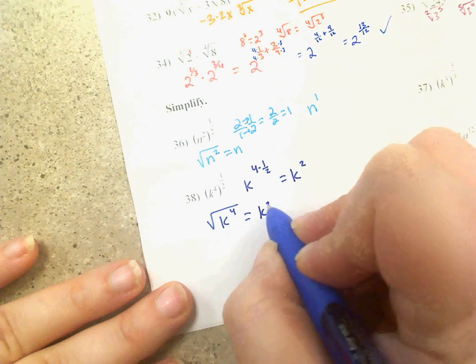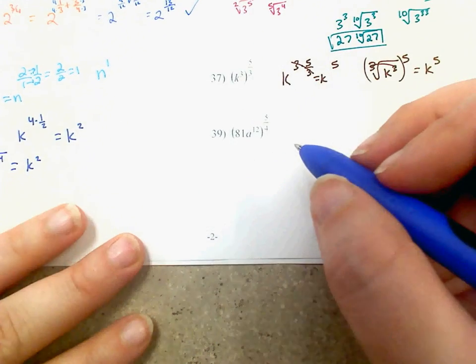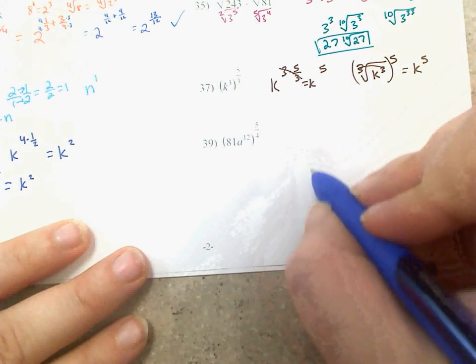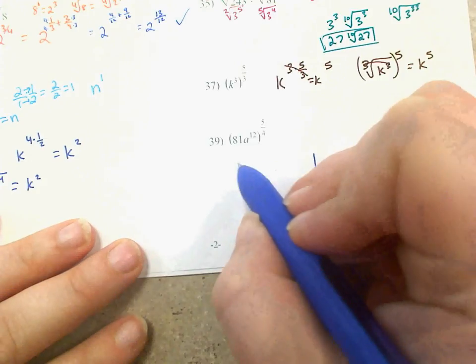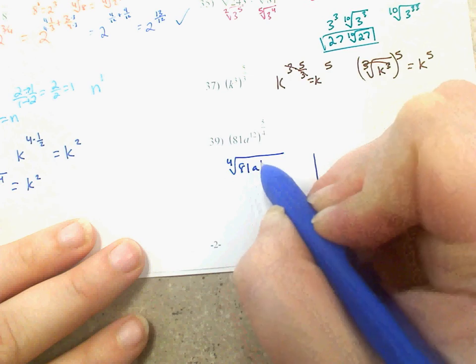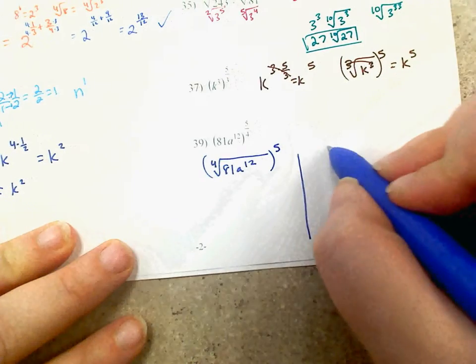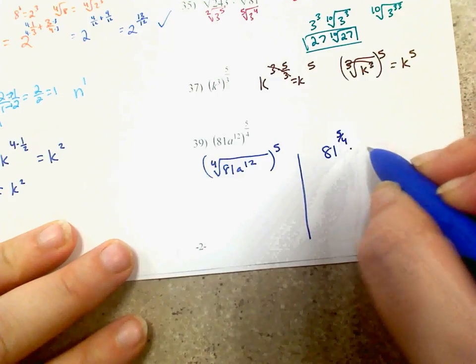And then this one. This one's a little bit more interesting because I could distribute it, so let's do it one of 2 ways. I'll distribute a second. The way that I see it is the 4th root of 81a to the 12th to the 5th power. The other option is to distribute the power 5/4, so 81 to the 5/4 times a to the 12th to the 5/4.